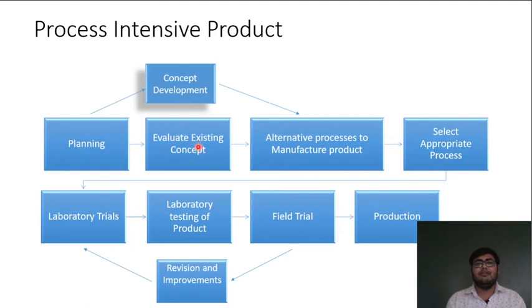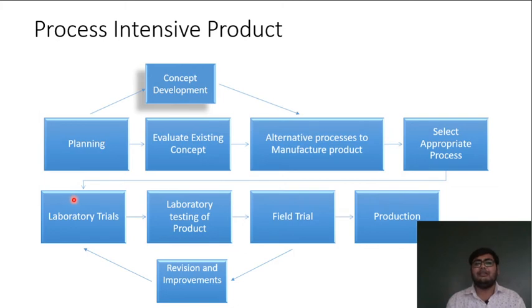Then after evaluating this concept, we think about evaluating alternative processes from the manufacturer. So we thought, okay, these are the concepts that are already in the mass market. How to improve this concept? What are the alternatives to manufacture the same product? Then we select the best process. And after the best process is selected, as these are products which are mainly drugs or FMCG, we need to go for laboratory trials.